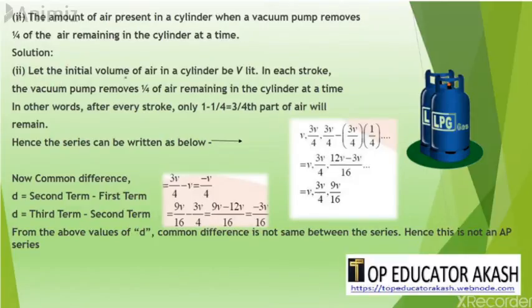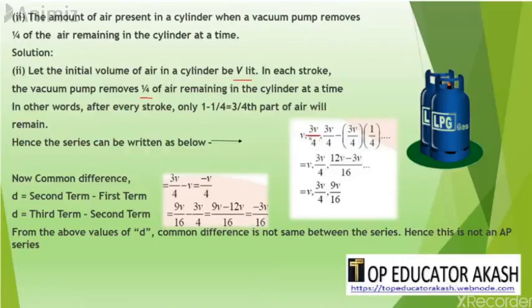Let the initial volume of air in the cylinder be V liters. Volume of cylinder be V, and in each stroke, that is at a time, the vacuum pump removes 1/4 of the air remaining in the cylinder at a time. So the first term is V, and if we remove 1/4 of it, it will be 3V by 4.